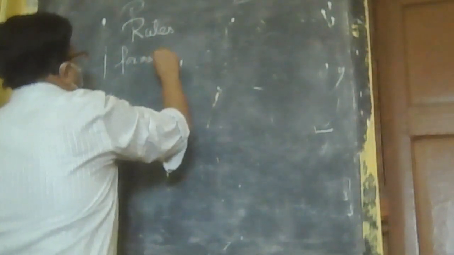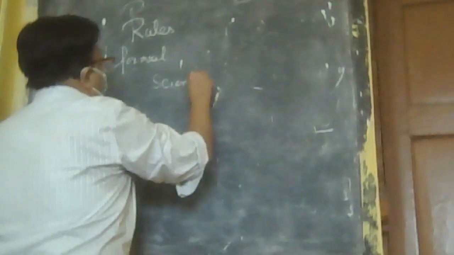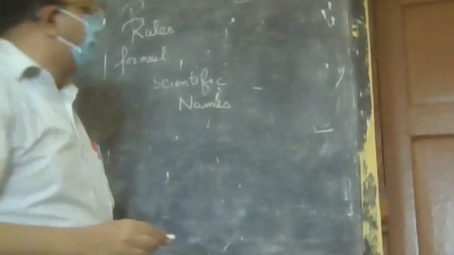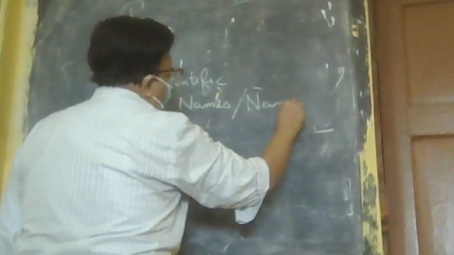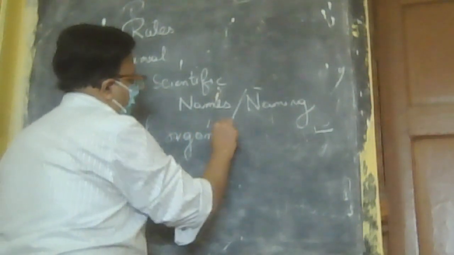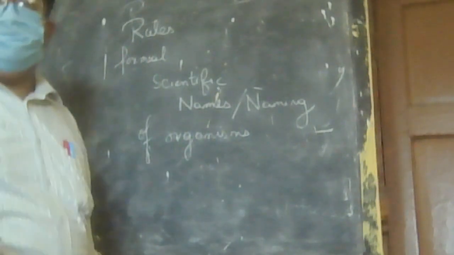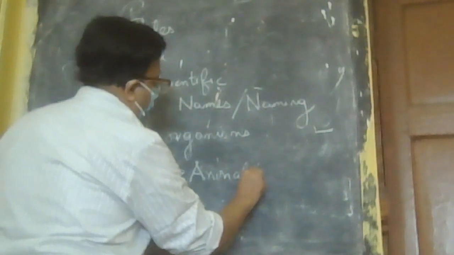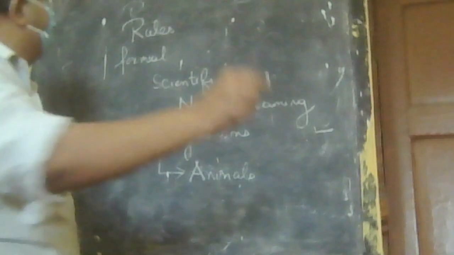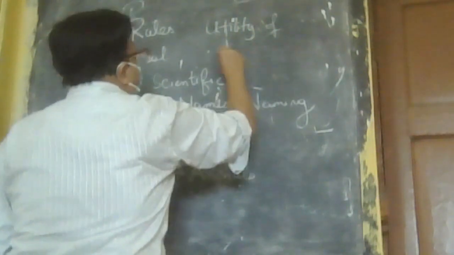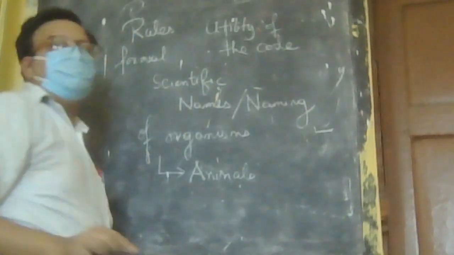Write down this one: it rules formal scientific naming of organisms which are treated as animals. So this is the utility of the code.